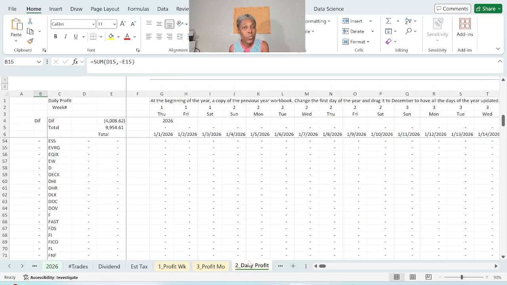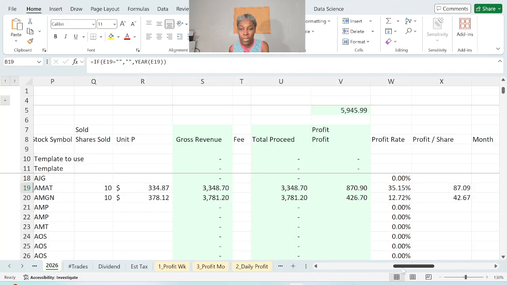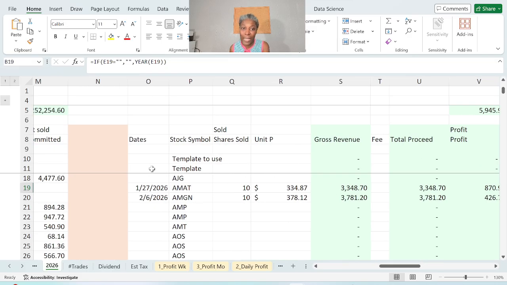And then I have profit by day that will pull from there as well, because when I sell stocks, I write the date.